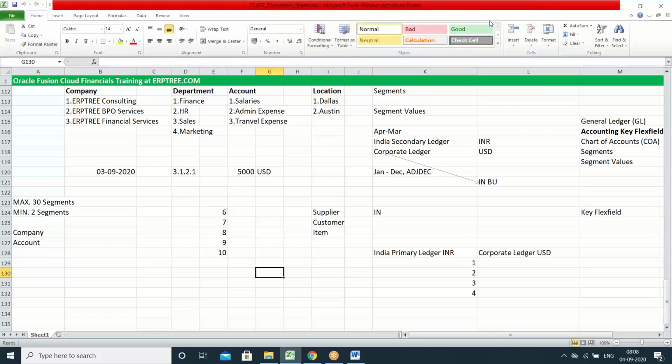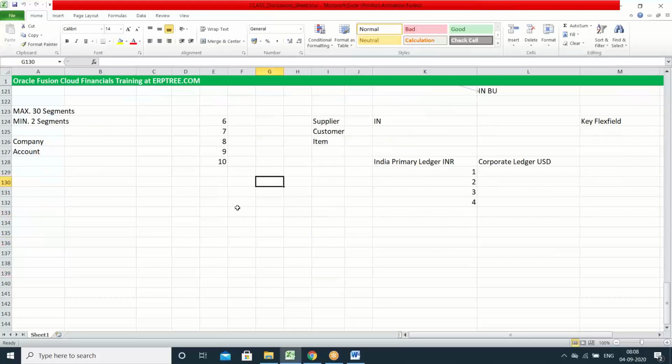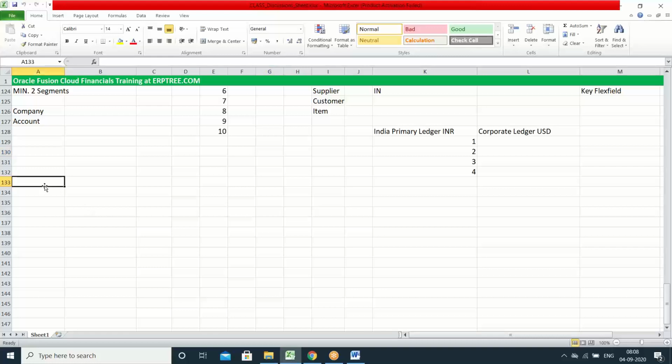So in the last session, we discussed calendar, currency, and chart of accounts.